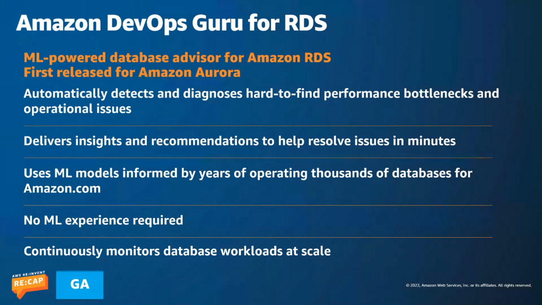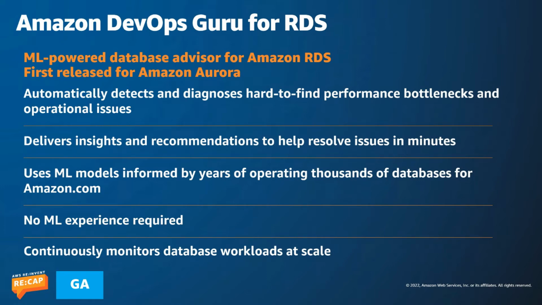For example, overutilization of resources or misbehavior by certain SQL queries. It natively integrates with other AWS services to automatically receive notification. When DevOps Guru detects performance bottlenecks or operational issues, it displays its findings in the console and immediately sends notification via AWS services such as EventBridge and Simple Notification Service.